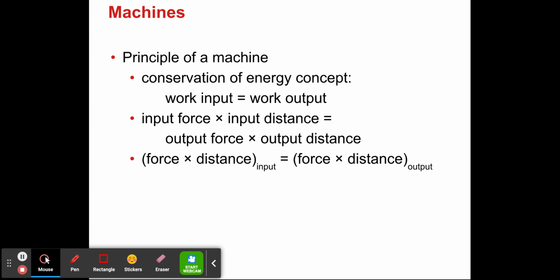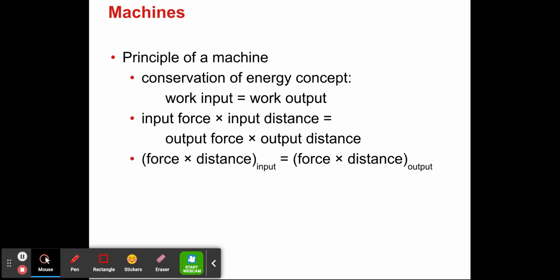A machine is any device that allows us to do work. For example, if you input energy into a machine, the work that you input must be at least equal to the work output, the work that is taken out of the system.